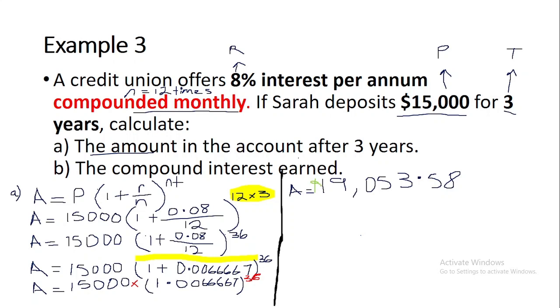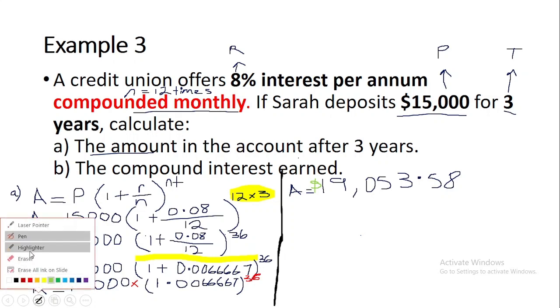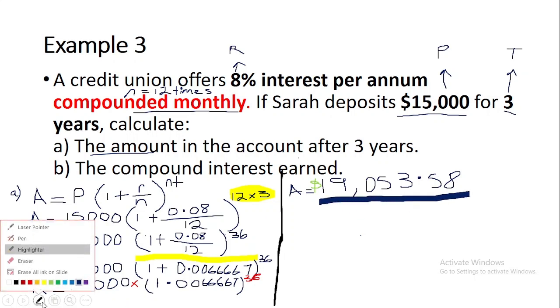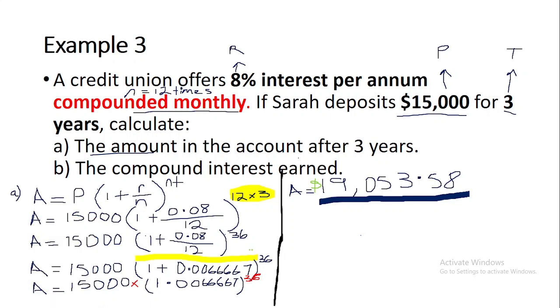So $19,053.58, and this right here represents our total amount. So let's highlight that, because that's gonna be our total amount. So that's gonna be the answer for A. That's the total amount in the account.